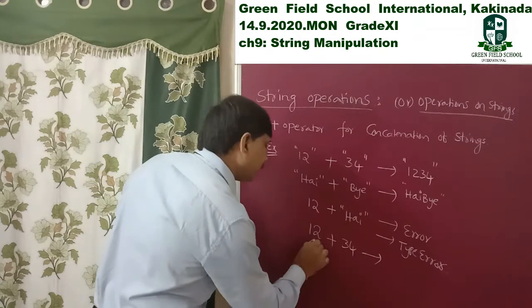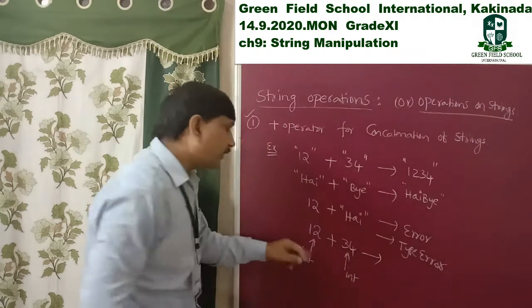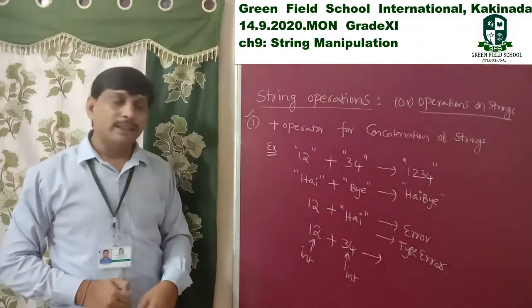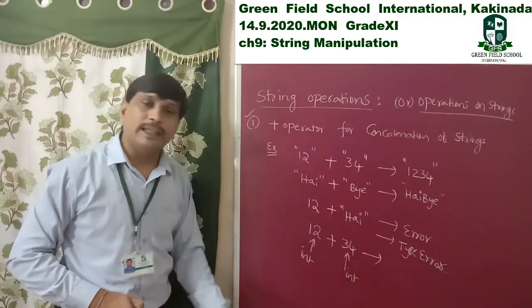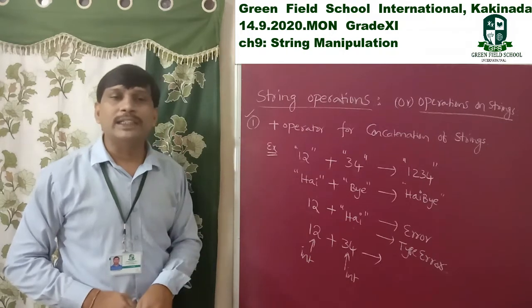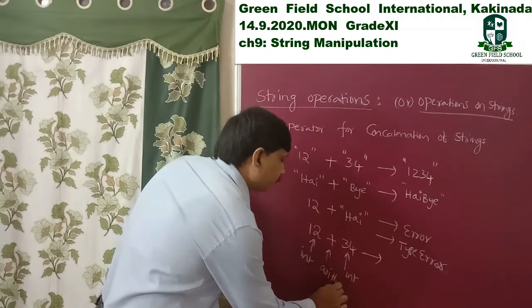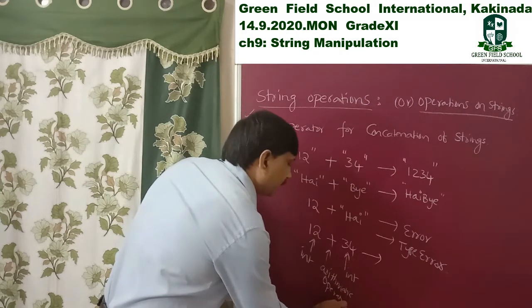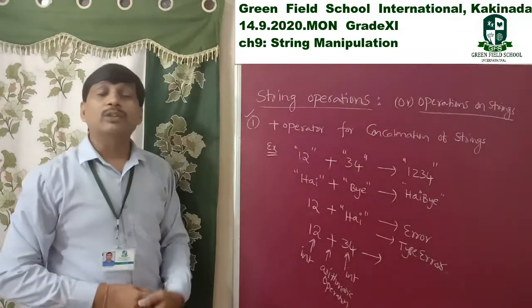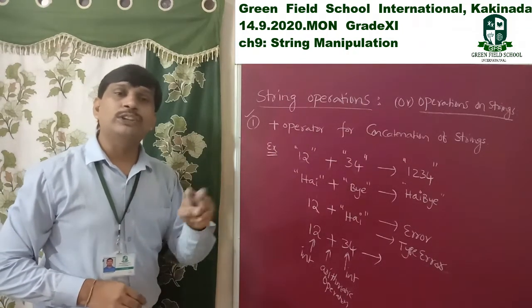This one is integer, and this one is integer. That's why here the plus operator is an arithmetic operation, not a concatenation operator, because concatenation is applied only on two strings.